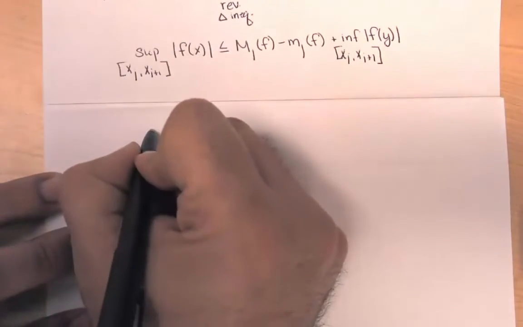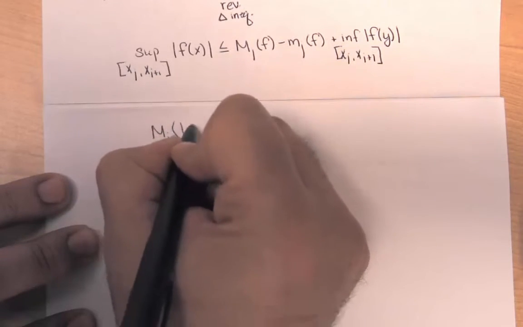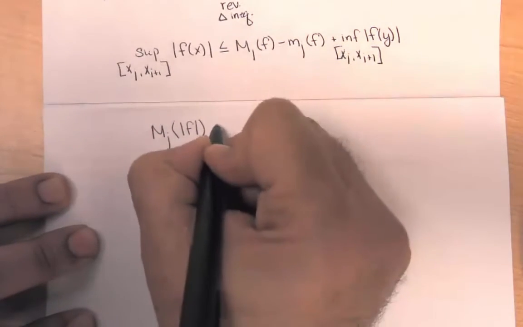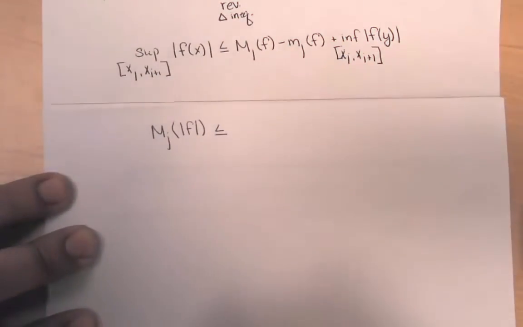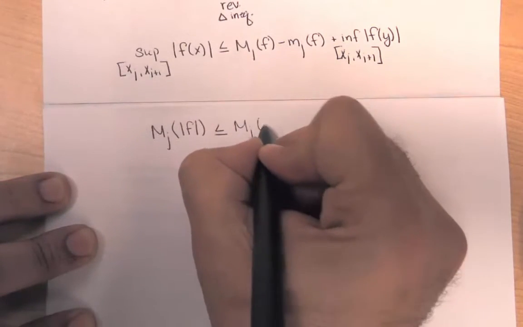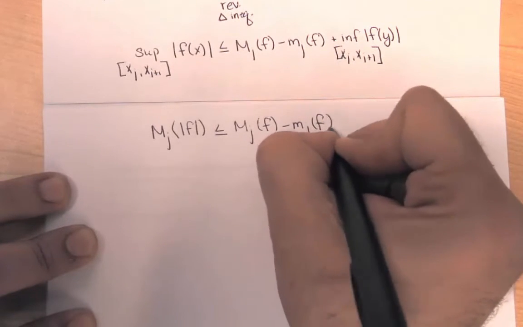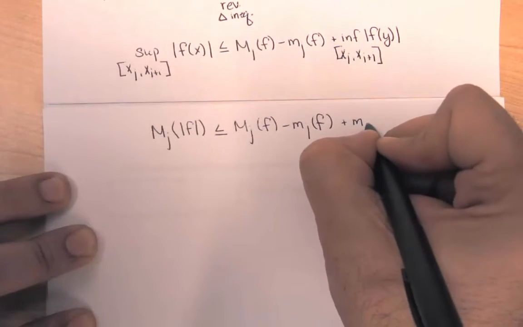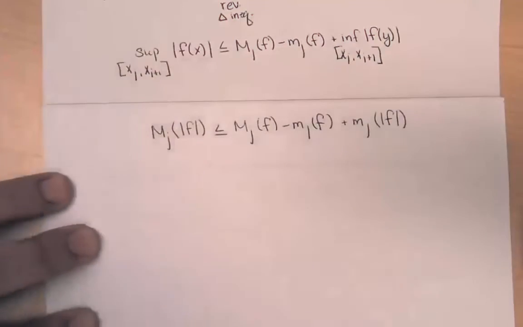Now remember, this is, right, our shorthand for that is big M_j of the absolute value of f is less than or equal to M_j of f minus little m_j of f plus little m_j of the absolute value of f.